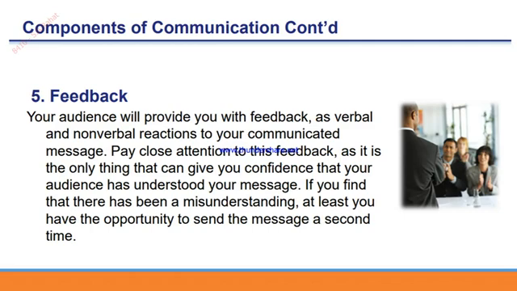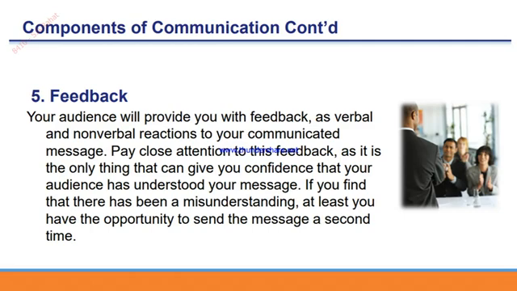Senders need feedback in order to determine the success or failure of the communication. So it is very important, so that the sender gets an idea whether the communication has achieved its purpose or not. The components described earlier represent what happens in communication.